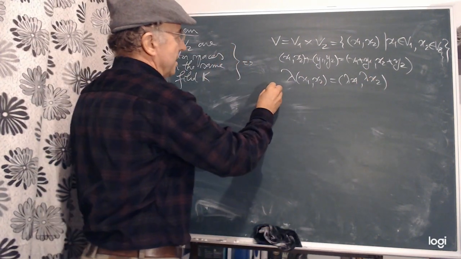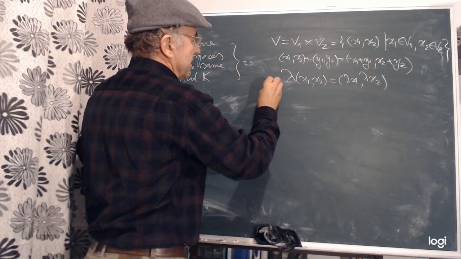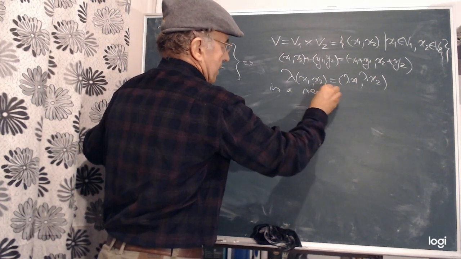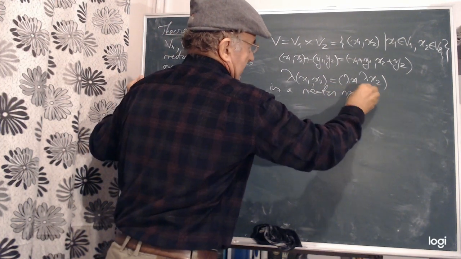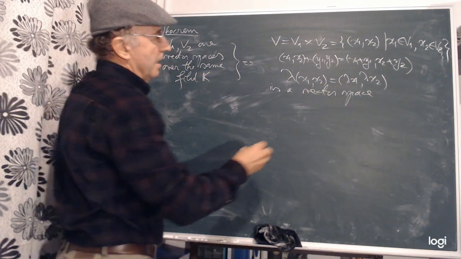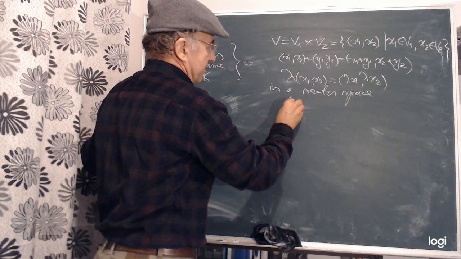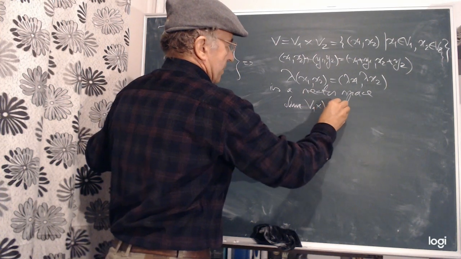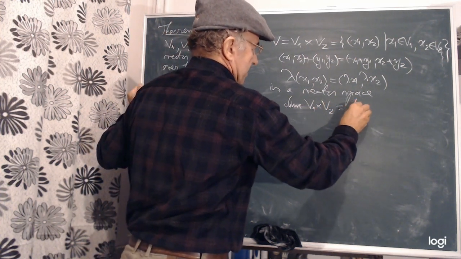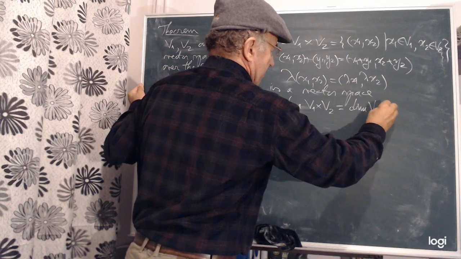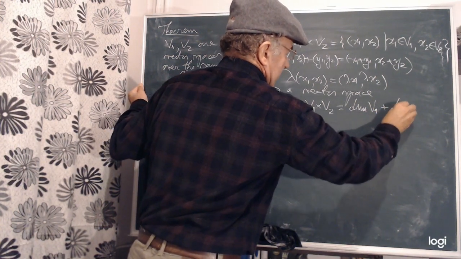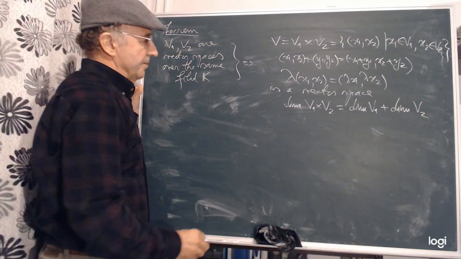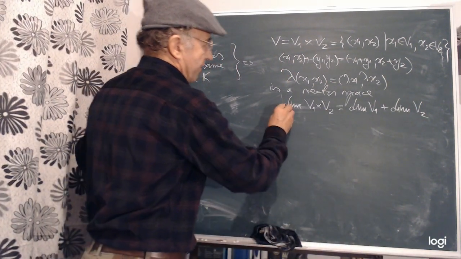This is a vector space over K, and the dimension of this space is the sum: dimension of V1 plus dimension of V2. We have this relation.